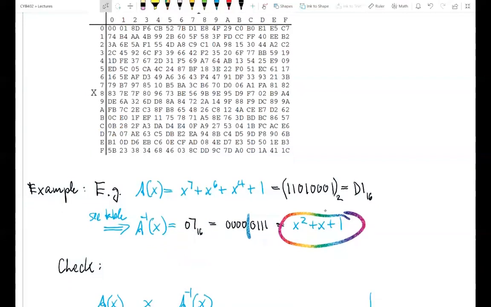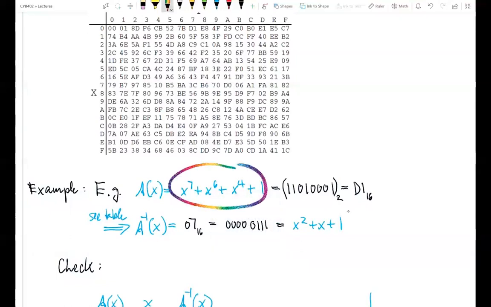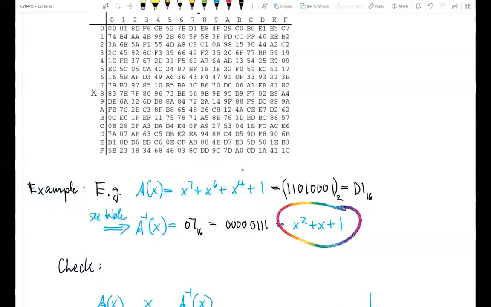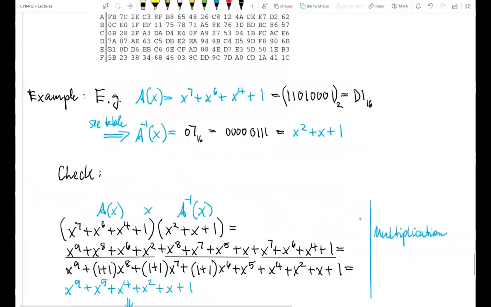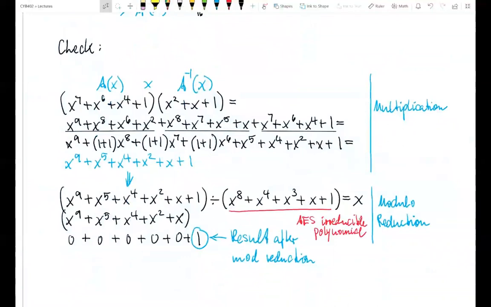In order to check that we were right, what we can do is multiply this polynomial with this polynomial, and if we do that, we should eventually get 1 down here, right? And this is actually happening. So what you see, we need to do 2 steps.